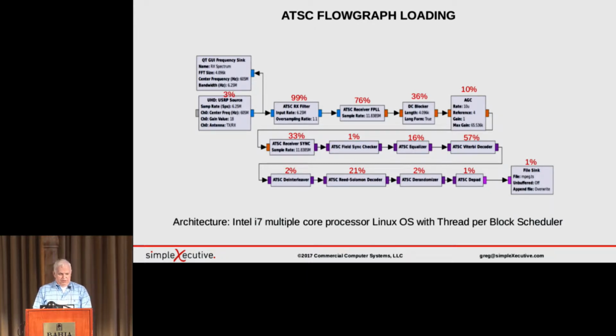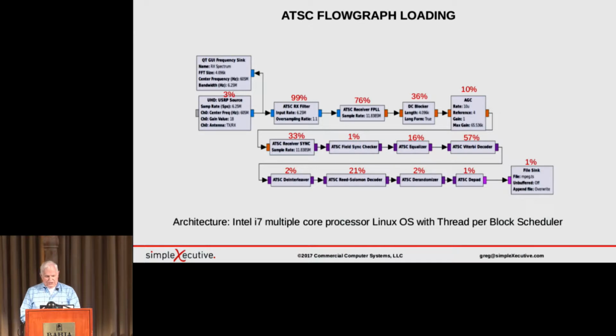To generate that buffer, the file source block that feeds it runs literally 33 times faster. So the front end block is waiting until the big one, the RX filter, actually processes one block so it can give it the next one.